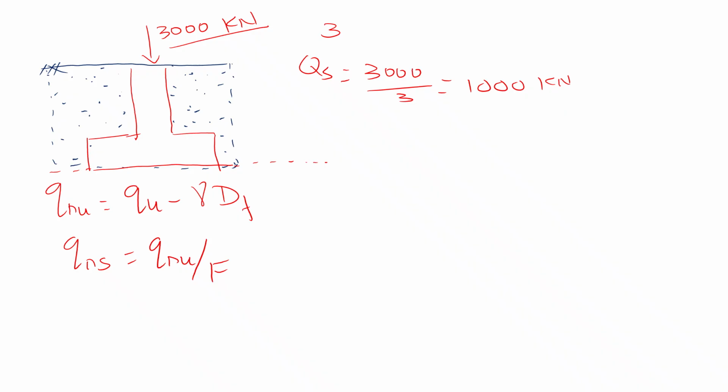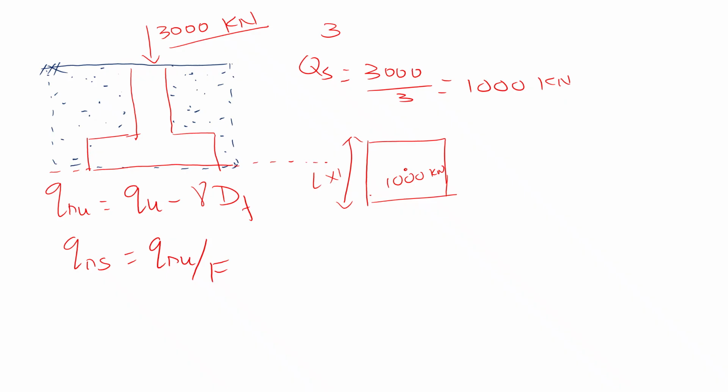And I have a liberty to reduce the pressure from the foundation base. How can I do that? Say, for example, there is a foundation. Let us say the self weight of the foundation is 1000 kilonewton.